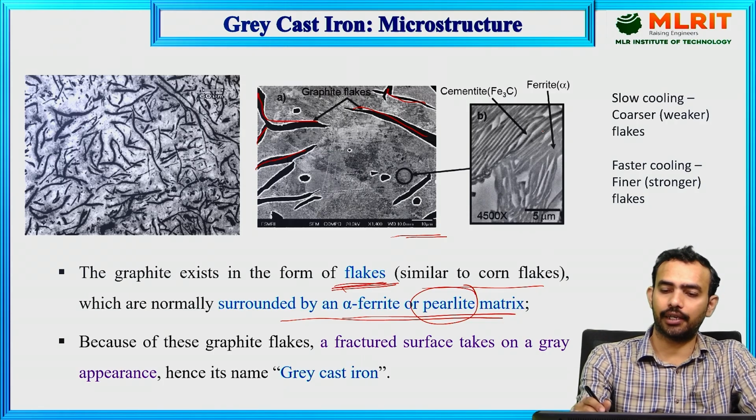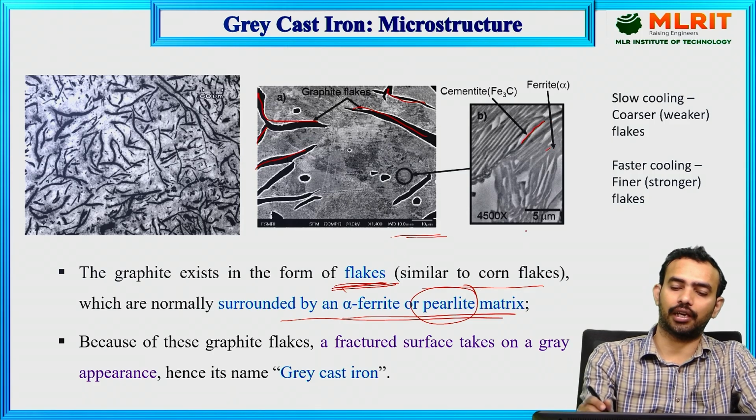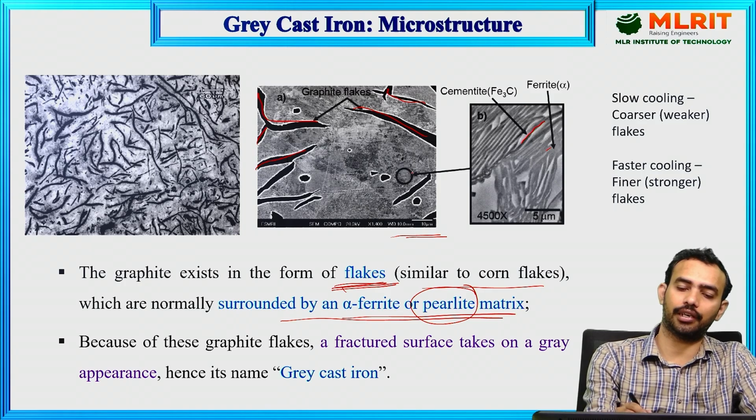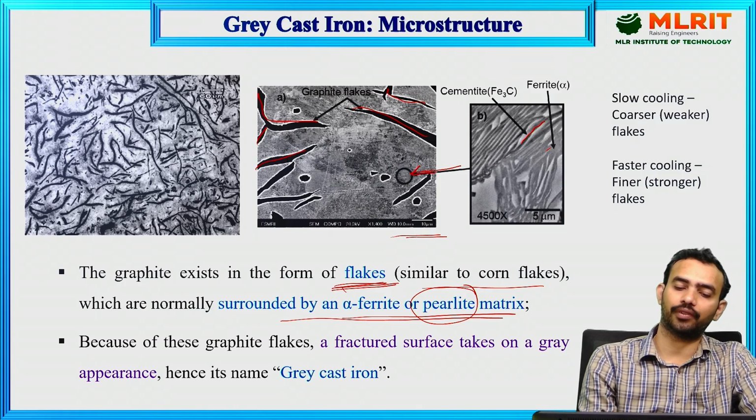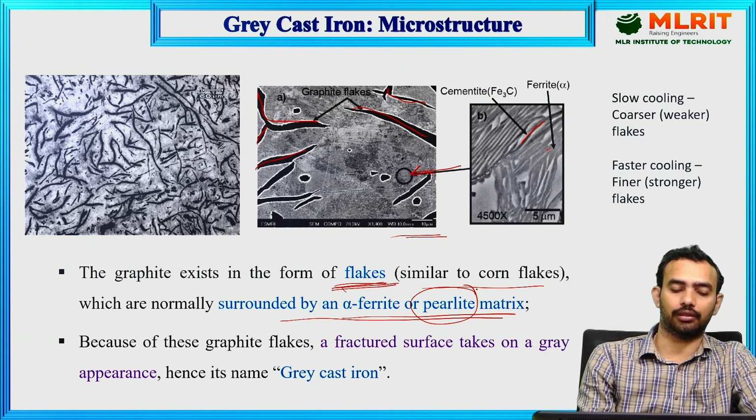The dark region that you see is the cementite, and the bright region that you can observe here could be your ferrite. And this is the magnified image of the area, that is a pearlitic matrix. Alternate layers of ferrite and cementite can be observed, and graphite here is present in the form of flakes.